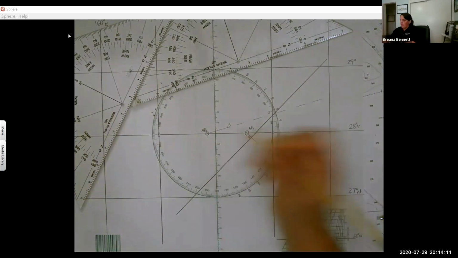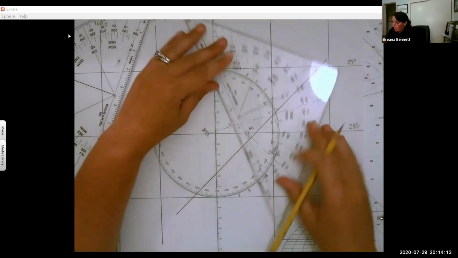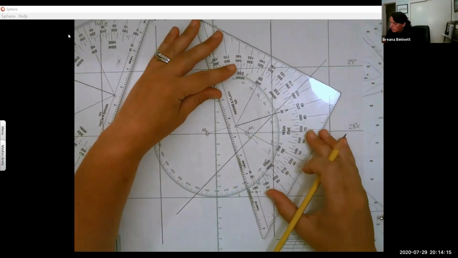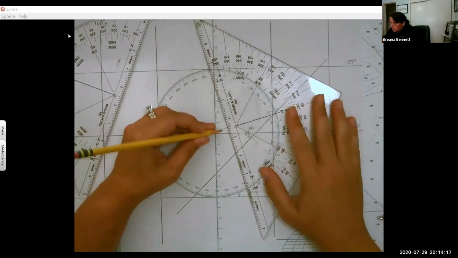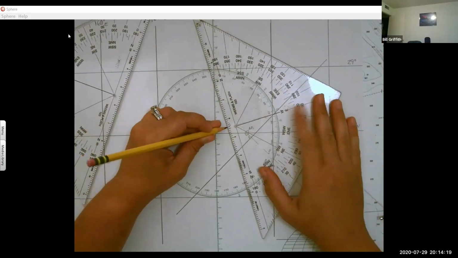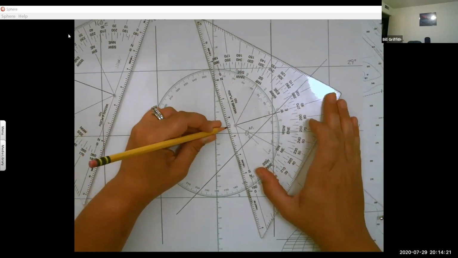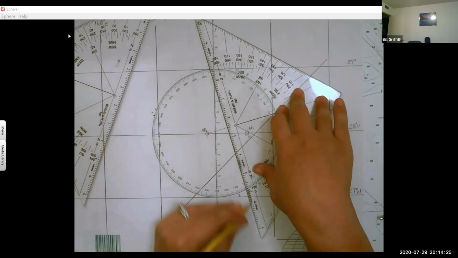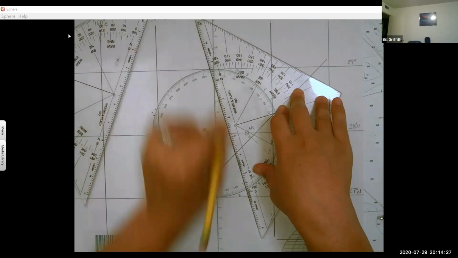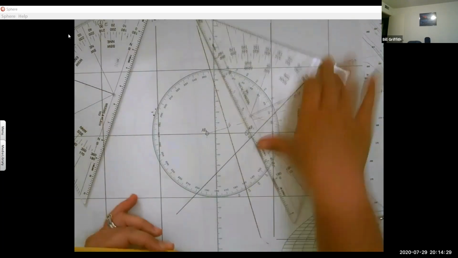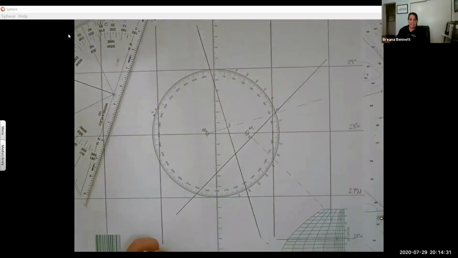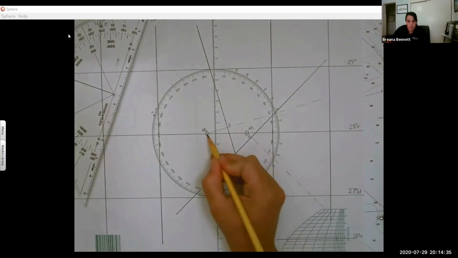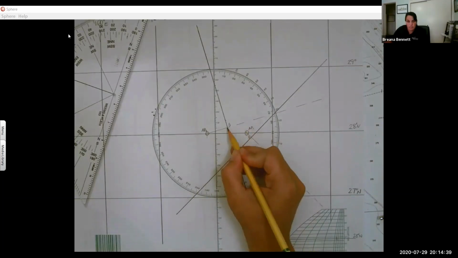And now I want to draw a perpendicular line through that A. So that is my second LOP. I had the assumed position, my ZN, and then my intercept.